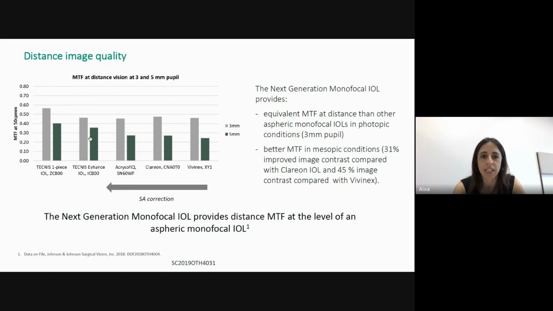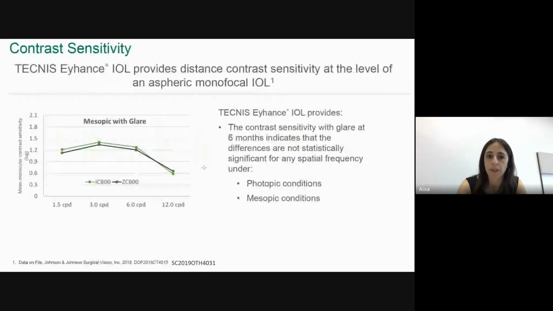As you can see here, when you have more correction of the spherical aberration, the contrast is of course going to be better when the pupil opens because you compensate the spherical aberration of the cornea, while lenses that don't fully compensate for that spherical aberration, or are more neutral, have that reduction in the contrast of the image. These are the optical bench results.